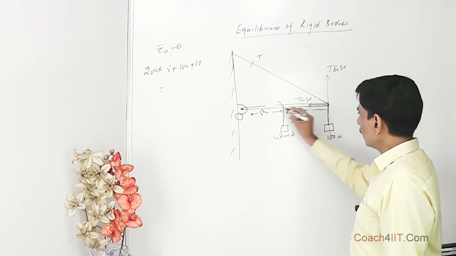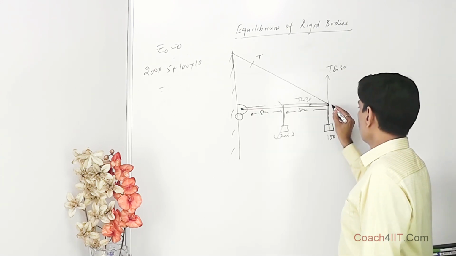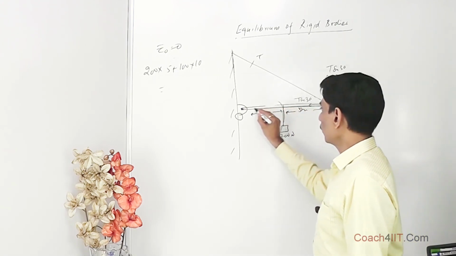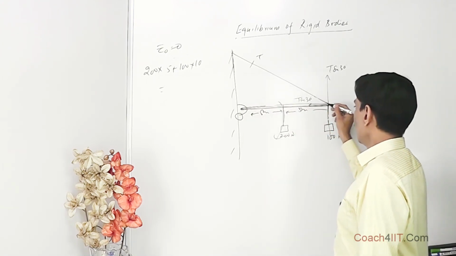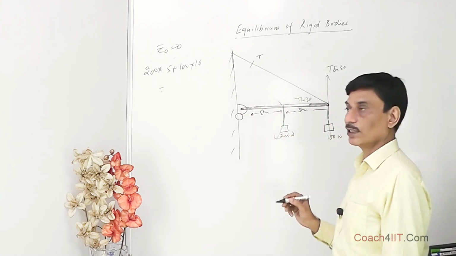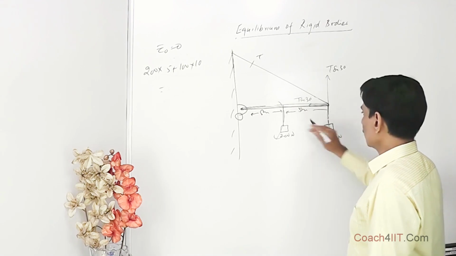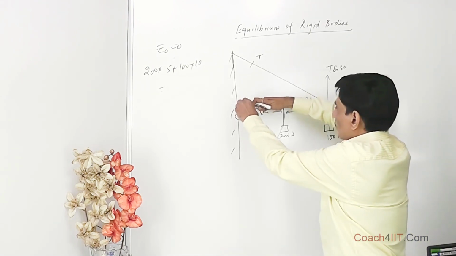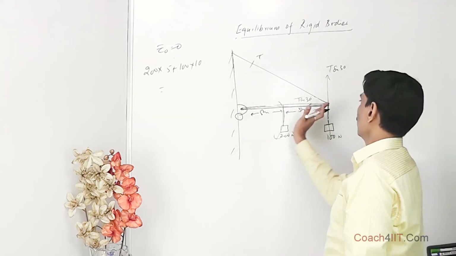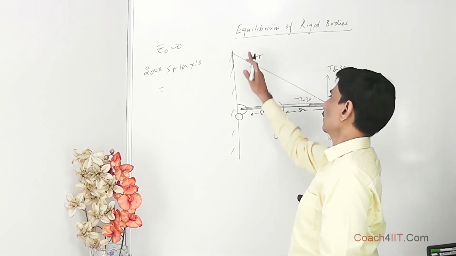Torque of T cos 30 about this axis is going to be equal to 0 because torque is force into the perpendicular distance between the line of force and the axis, and this force is passing through the axis only. So torque of this force about this axis is equal to 0. This force and this force are trying to rotate the body about this axis, whereas T sin 30 will try to rotate this rod the other way.